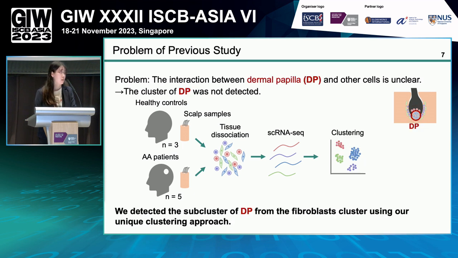The problem of previous study is that the interaction between dermal papilla, DP, and other cells is unclear. The problem is because the cluster of DP was not detected. Therefore, we detected the subcluster of DP from the fibroblast cluster using our unique clustering approach.